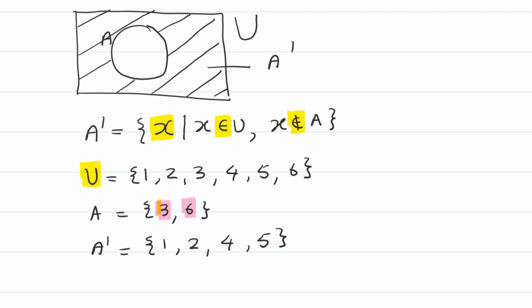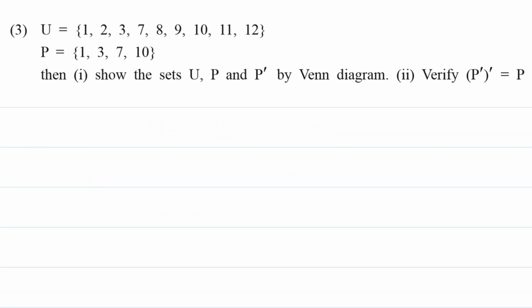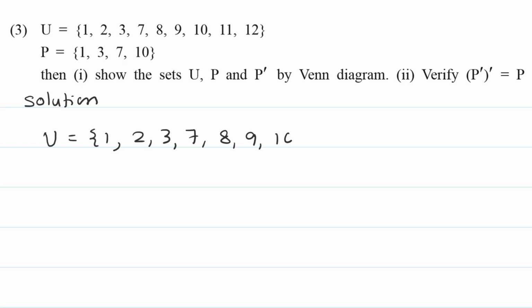So now we'll solve question 3. Solution. U set is 1, 2, 3, 7, 8, 9, 10, 11 and 12. P set is 1, 3, 7 and 10.